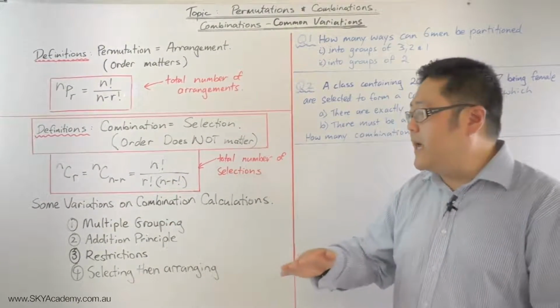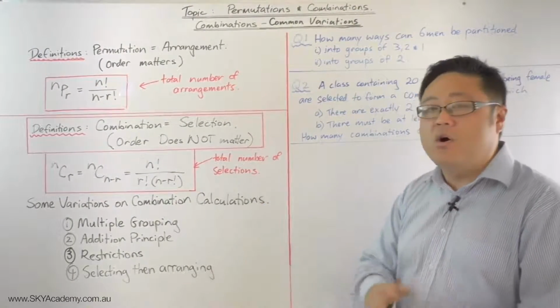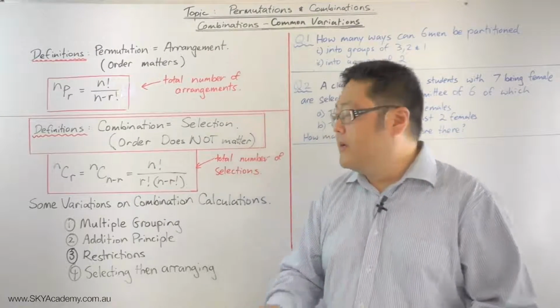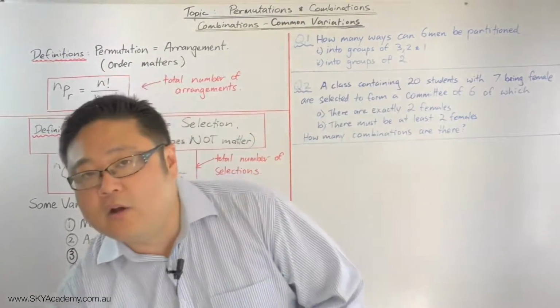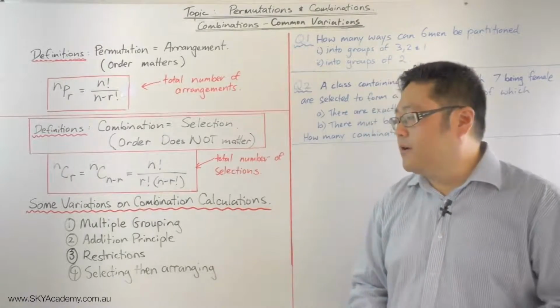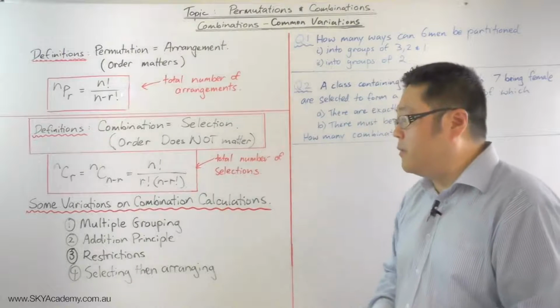However, there are some common variations on combination calculations that we need to go through. Let me just underline this subheading. Let me go through some common variations, and I've got some questions that will help us find them.